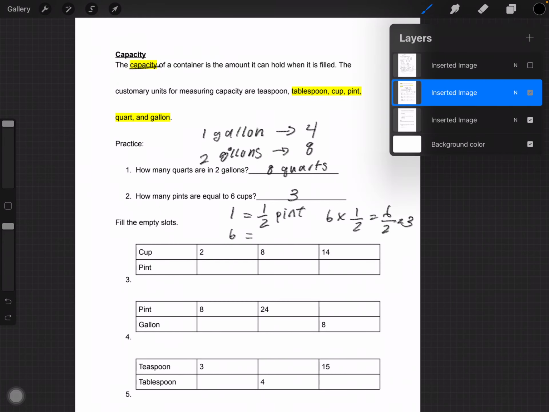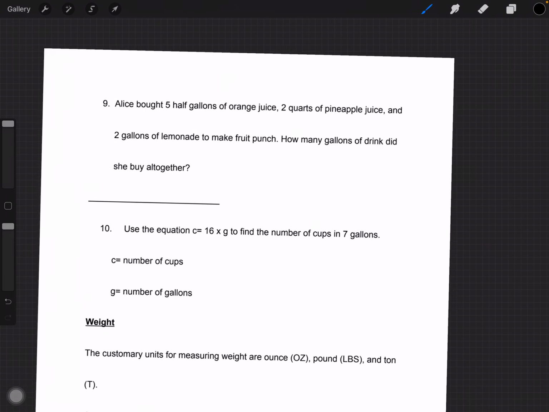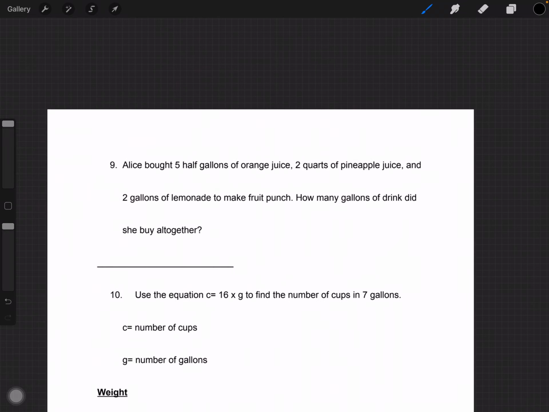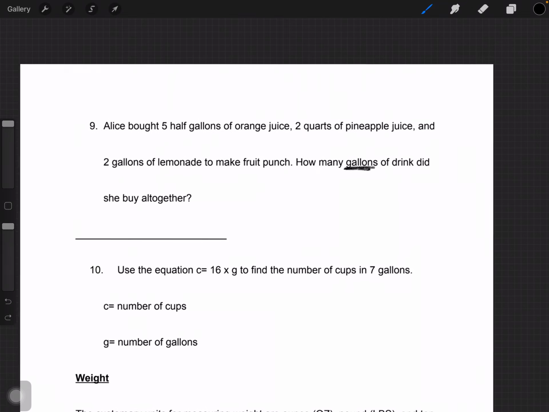So we go on to the last one, which says Alice bought 5 half-gallons of orange juice, 2 quarts of pineapple juice, and 2 gallons of lemonade to make fruit punch. How many gallons of drink did she buy altogether? So we're trying to look for gallons. The lemonade is already in gallons, so we don't need to convert it. 2 quarts we need to calculate into gallons.